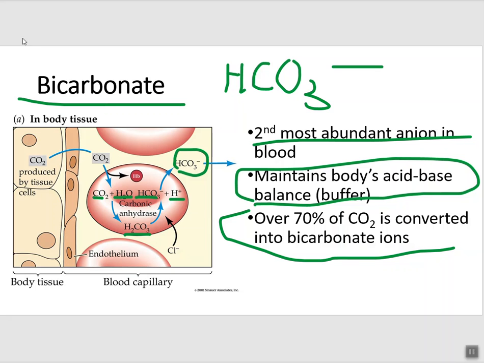I probably will just do it now. So CO2 plus water. Sorry guys, I still don't write very good with a mouse. Now notice that these arrows are going both ways. That means this reaction can go either way. And what's going to cause it to go one way or the other?